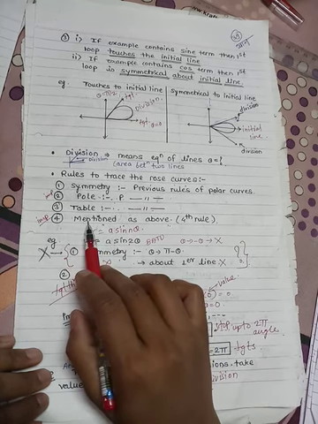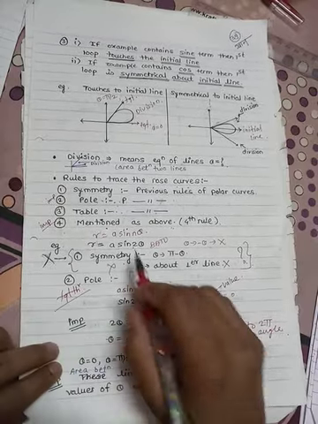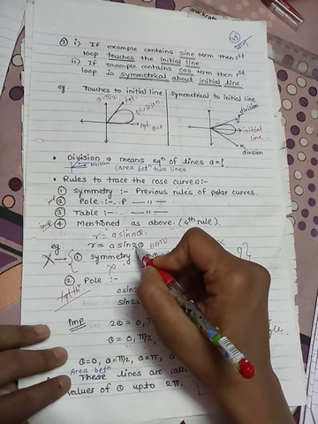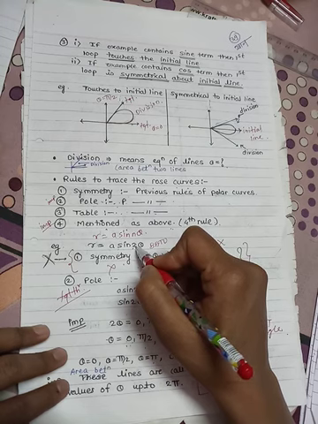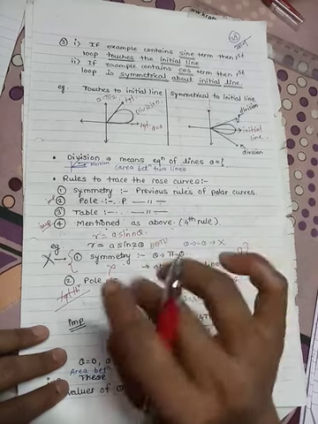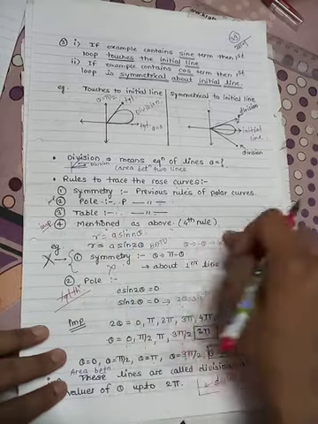And fourth one is number of loops. So n value is 2, even number, so number of loops are 2n, that is 4 loops. If n is even, then first loop touches the initial line and we have to draw the loops in each division. So that is your fourth rule.